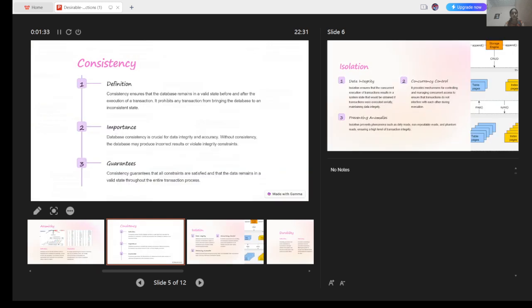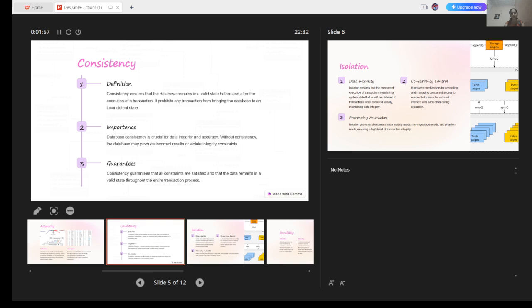Consistency definition. Consistency ensures that the database remains in a valid state before and after the execution of the transaction. It prohibits any transaction from taking the database to an inconsistent state. Database consistency is crucial for data integrity and accuracy.